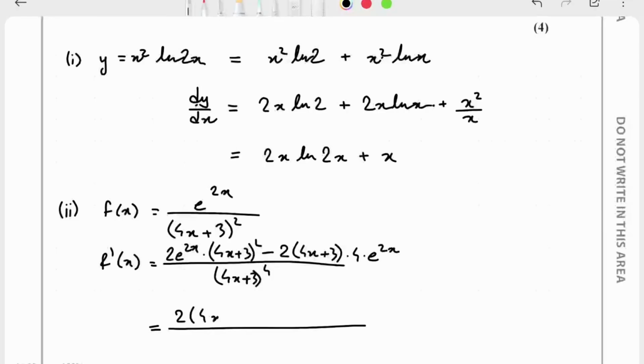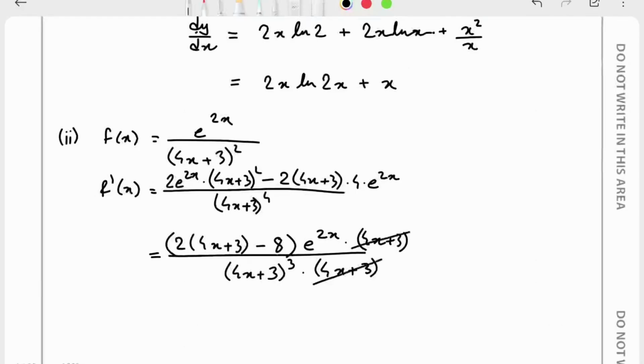2 times 4x plus 3 minus 8, e to the power 2x, over 4x plus 3 whole cube. We're taking 4x plus 3 common from the numerator and the denominator, so we can cut these two. The resulting equation looks something like this.